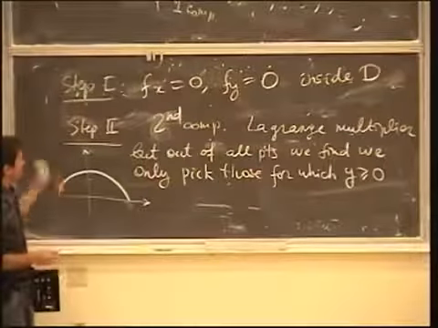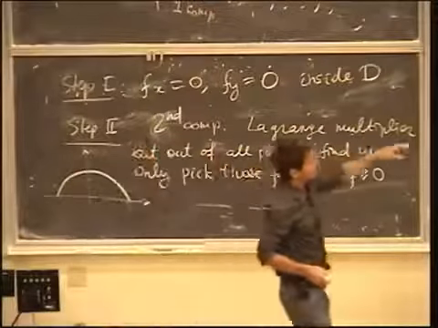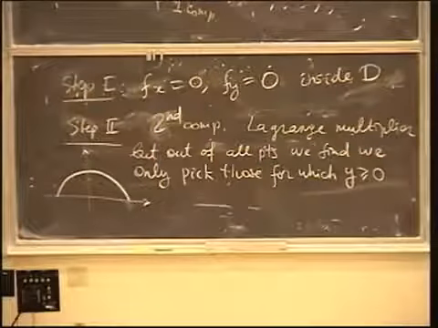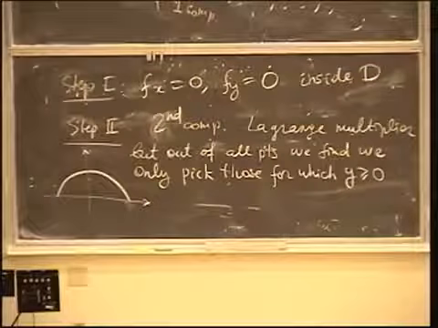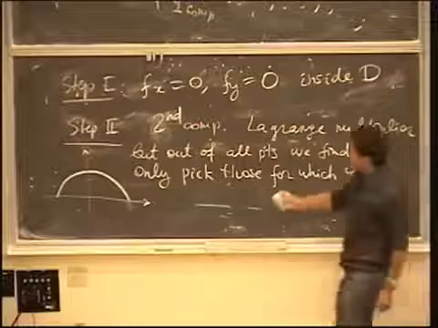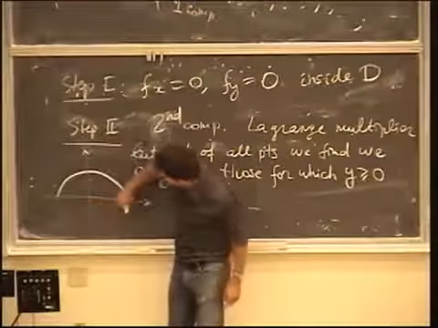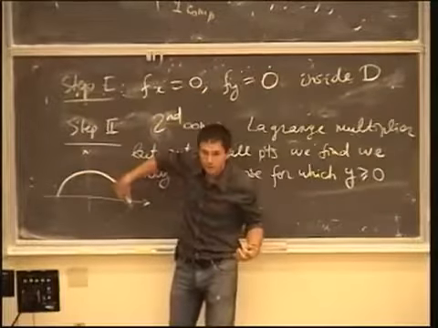Okay. So we do this one, and this is exactly the same calculation as we've done so far. Well, it would have been exactly the same if our function were just 2x plus y. But we have to take care of the fact that now the curve that we're talking about is not the entire curve as before, but just the top part.